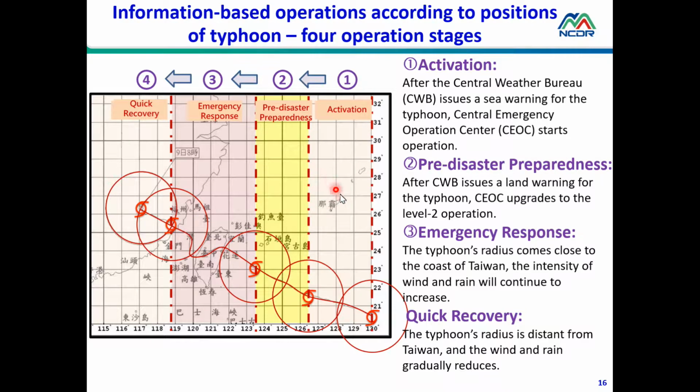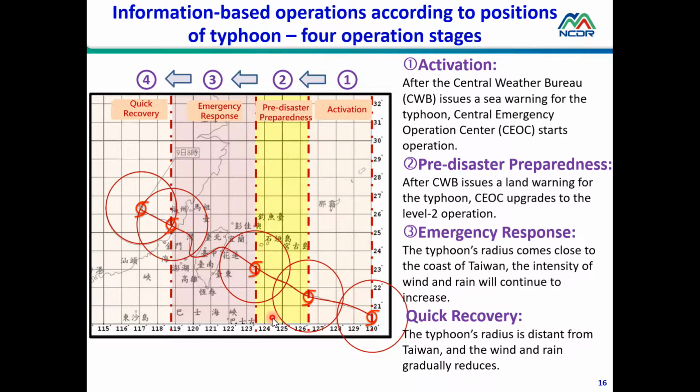In my office, we will activate a team to pay close attention to the typhoon. But when CWB issues a land warning, the COC will upgrade to level 2 operation. This is phase 2. We call it pre-disaster preparedness.